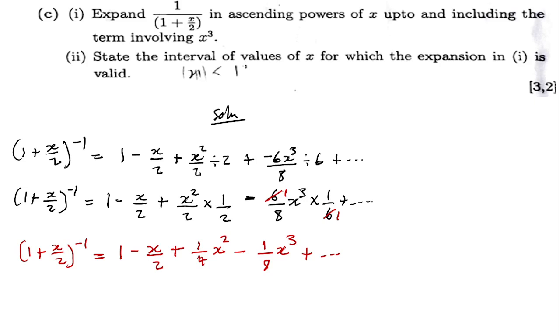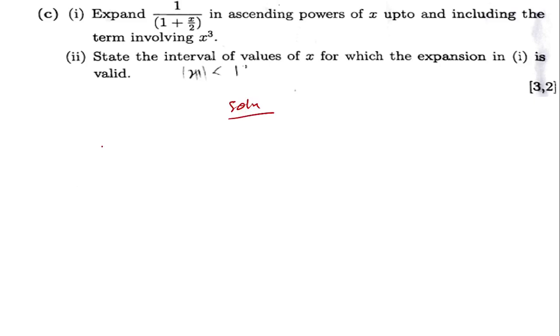So I'll say solution, that's for my last part. So this is 1 over 1 plus x over 2, and then this can be written as 1 plus x over 2, and then to the power negative 1.